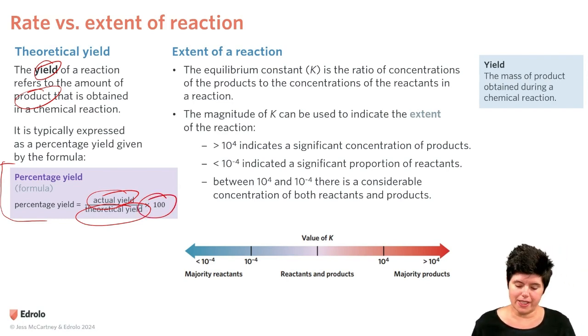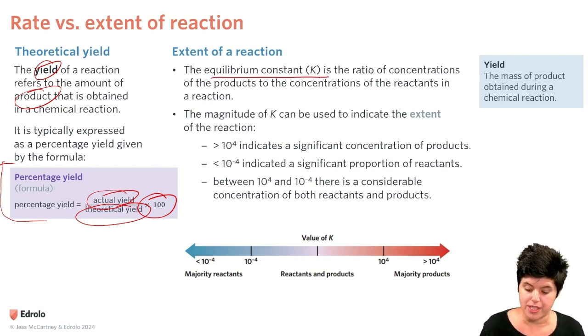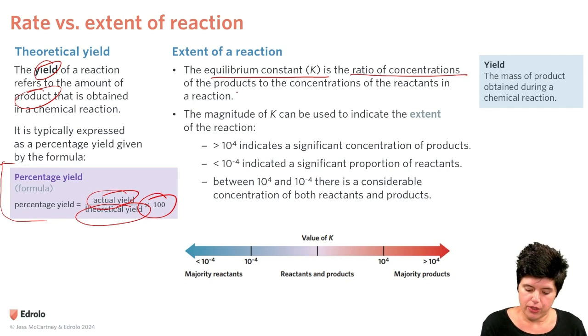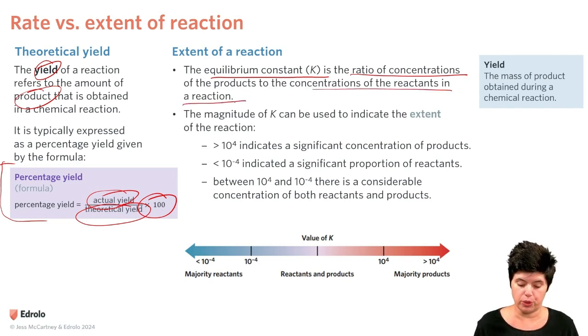Now, when we talk about the extent, we actually use what's known as the equilibrium constant. This is the ratio of concentrations. So we are actually coming out of the mole: even though we will talk about the mole, the equilibrium constant is done in concentrations. So the concentrations of the reactants and the products in the reaction, that's what we're looking at.